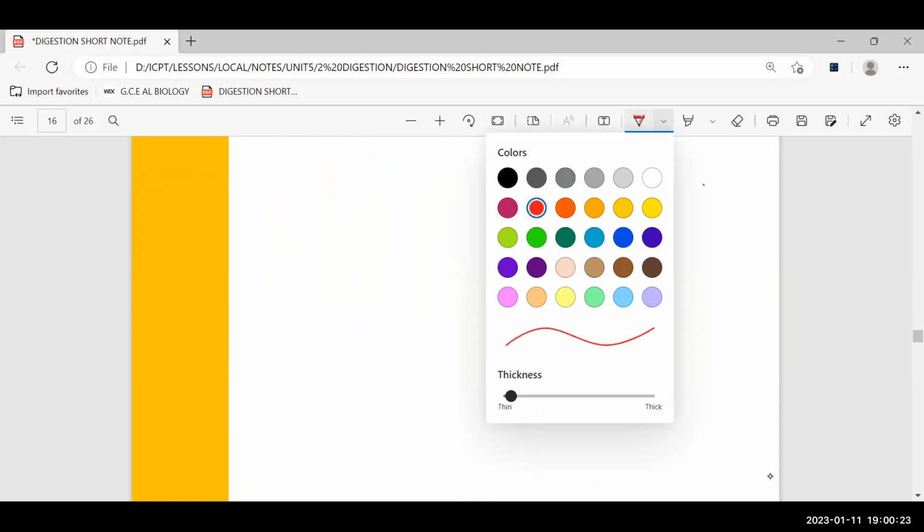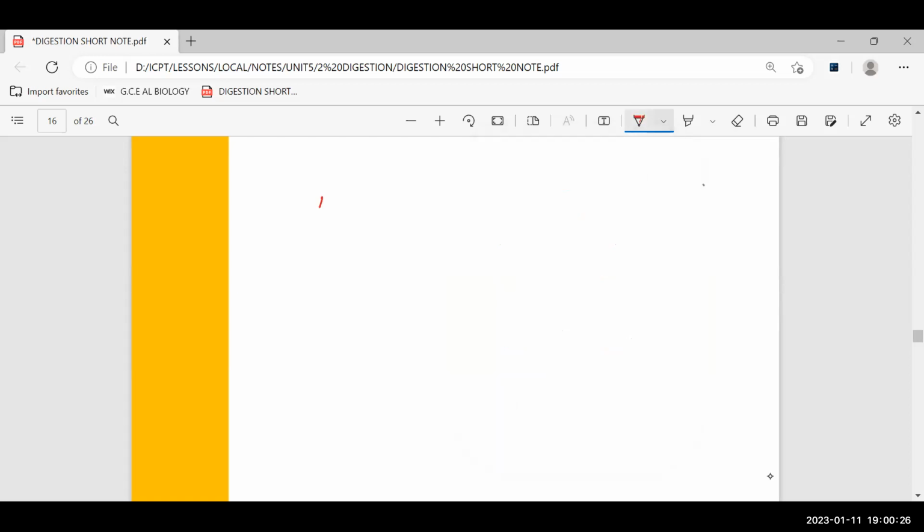So we have learned digestion. So after digestion, what happens? The blood concentration of some of the digestive products, glycerol, fatty acids, glucose, vitamins, all these things increase in concentration.